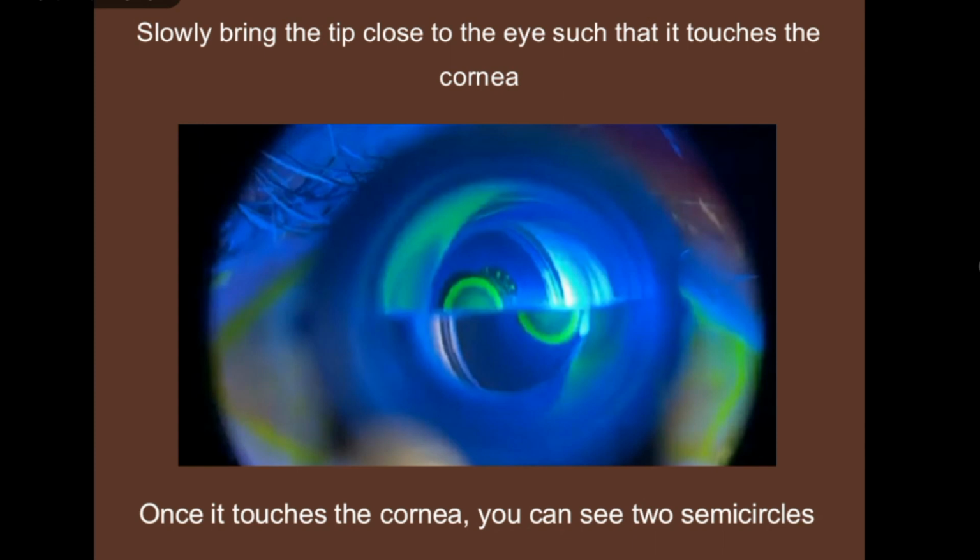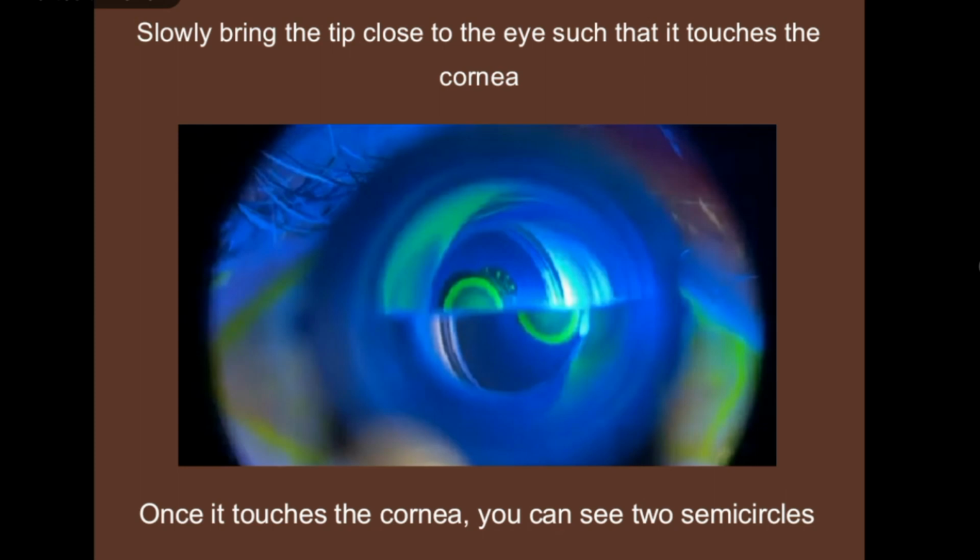Now आपने blue light, you have turned on the blue light of the slit lamp, and attach the measuring tip to the Goldmann tonometer, turn the reading to 0, and turn the measuring wheel to 1 or 2, which is actually 10 or 20 millimeter of mercury.